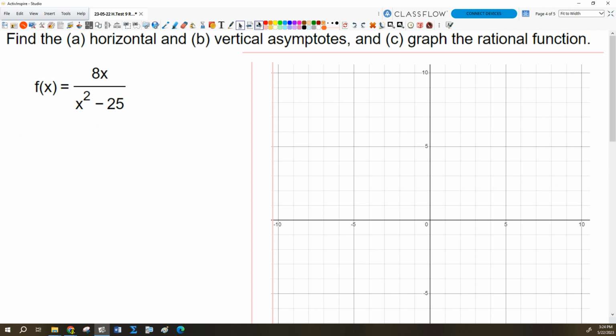Horizontal asymptotes are what's occurring way out at the infinities, right? We're going to let x get really big in the positive or negative direction. As x approaches infinity, the bottom is approaching infinity infinitely faster than the top because it's an x squared on the bottom, right? Infinity squared is infinitely bigger than just infinity, okay?